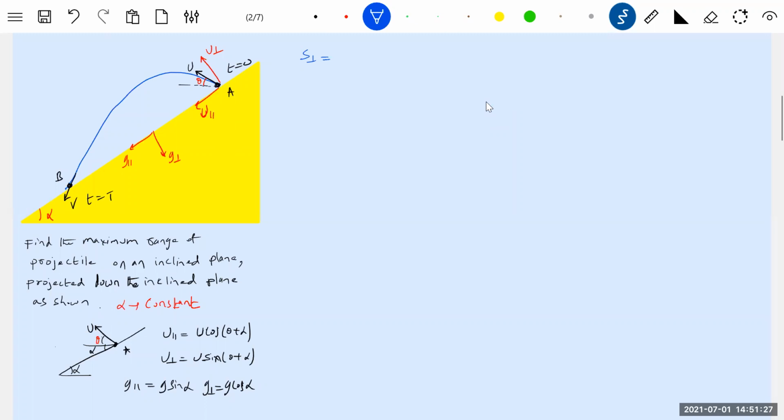Similar way we have to proceed here. The displacement perpendicular to incline should be u perpendicular t minus half g perpendicular t square, and this is equal to zero. So t equals, substituting this, 2u perpendicular, this will be 2u sine theta plus alpha over g perpendicular, which is g cos alpha.